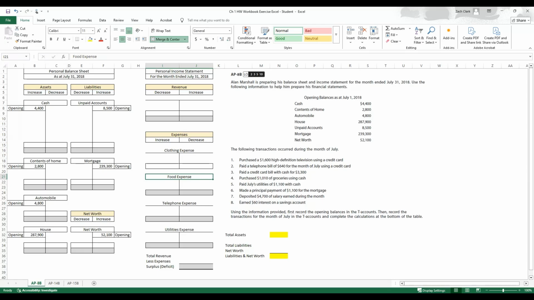So in a simplistic perspective, you can think of revenues as money coming in and expenses as money coming out. And again, a really important concept is that we can have an expense where the money hasn't gone out yet, but it would still be an expense if we incur a liability.